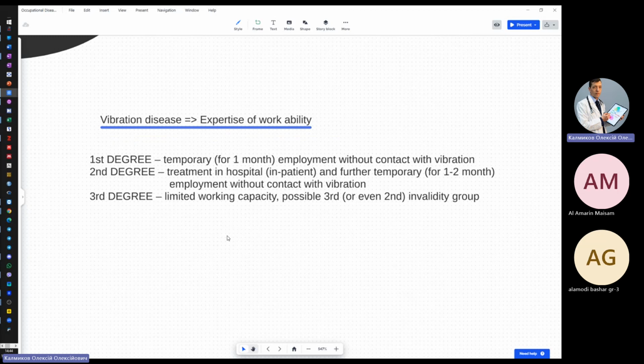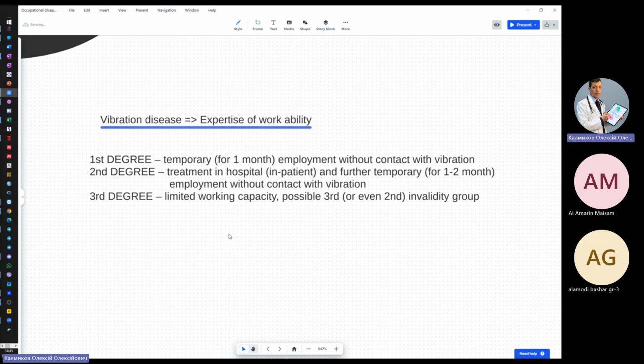These persons develop invalidity, third or second or sometimes even first invalidity group with different capacity to work. They definitely could not continue working in the same occupation, of course, in the same position, but they could have reasonable employment depending on the peculiarities of each certain person. I must say again that if the vibration disease has been detected in time, if proper treatment has been applied, it is reversible. If not fully, then at least it will not progress.